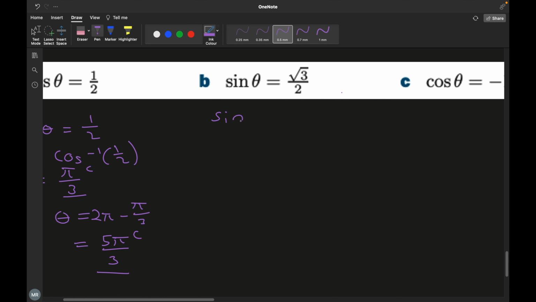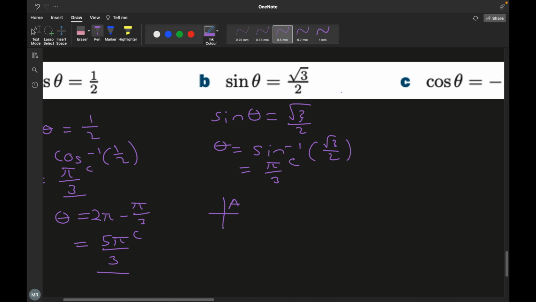Okay, now let's look at the next one. It's given that sine theta is root 3 by 2. Therefore, theta is sine inverse of root 3 by 2, which is also 60 degrees or pi by 3 radians. But the second angle won't be the same. We'll look at it.